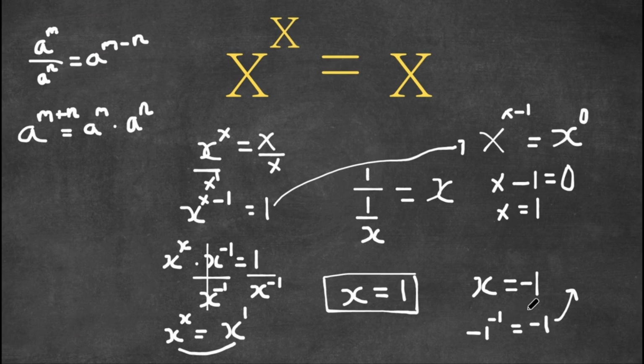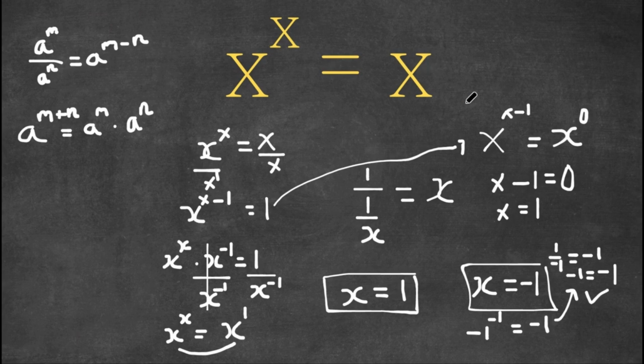Well, -1 to the power of -1 is simply 1 over -1, and this is equal to -1. And 1 over -1 is simply just -1. So -1 equals -1, so this is right. So x equals -1 is also a solution to this equation.